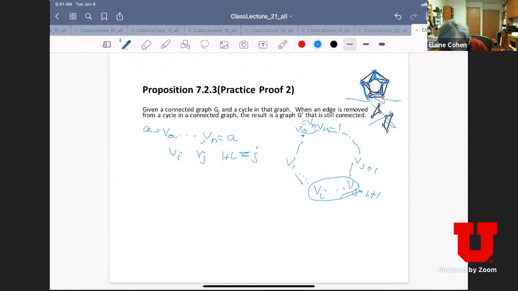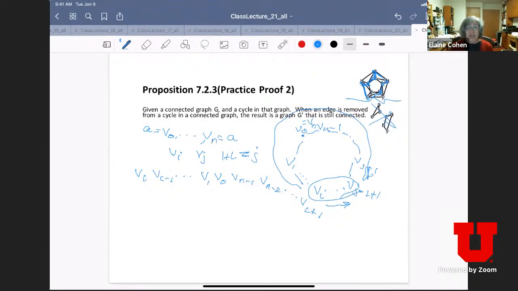Yeah, I go Vi minus 1 down to V1, V0, Vn minus 1, Vn minus 2, down to Vi plus 1. So instead of going from here to here along the cycle, we're going to go all the way around that direction.